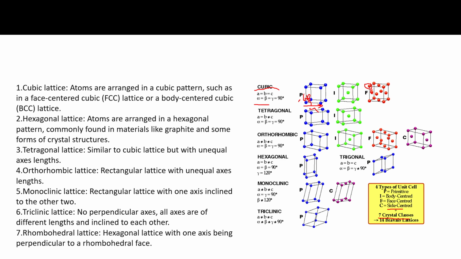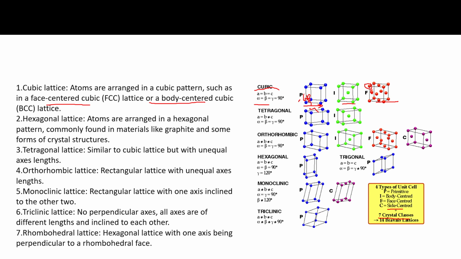In a cubic lattice, atoms are arranged in a cubic pattern, such as in face-centered cubic, like this one, or body-centered cubic BCC, or a primitive cell. So in cubic, there are three types possible: primitive, face center, and body center.